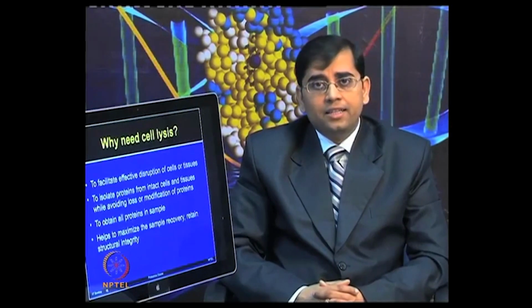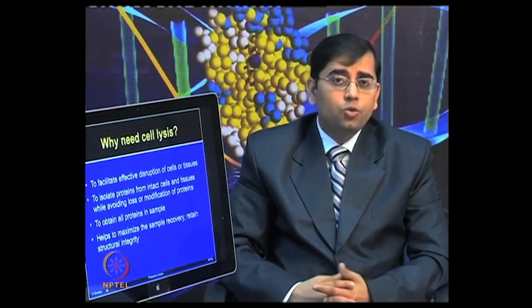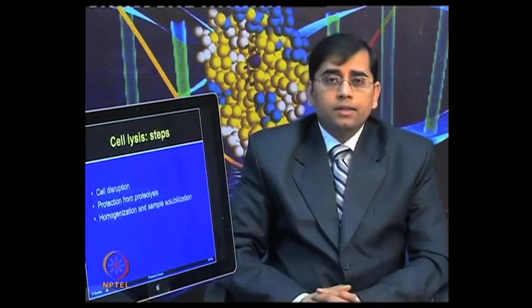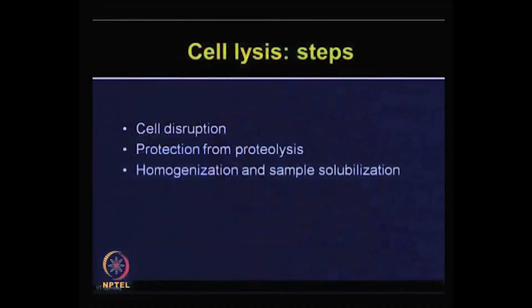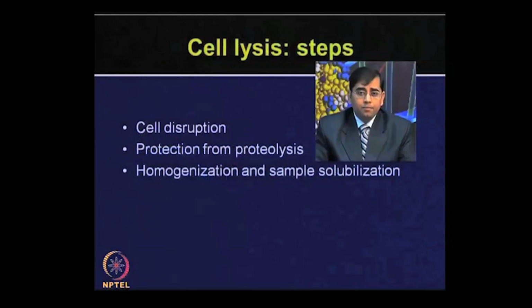So, cell lysis is very important due to all of these factors. Different steps are involved in cell lysis. You need to disrupt the cell, protect from proteolysis during the lysis step, homogenize and solubilize your sample.